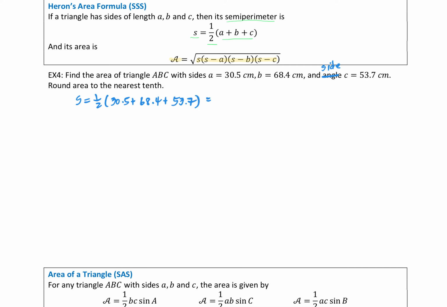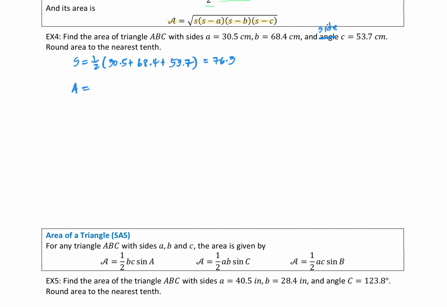In my calculator, I get, it's not even going to be an approximation because what's in the parentheses turned out to be even. So I have 76.3, and that's exact. So that's my S. If you did end up with something with a long decimal, you wouldn't want to round it. Go ahead and write it as a fraction in exact form.